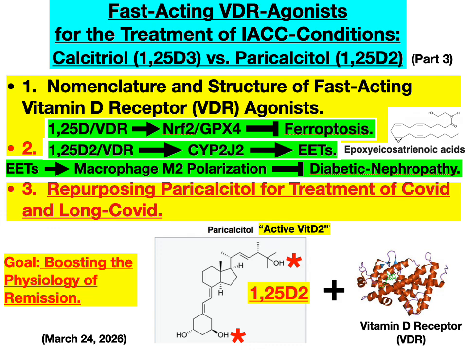The first is suppression of ferroptosis, a type of programmed cell death linked to oxidative stress. A vitamin D receptor agonist, such as calcitriol or paracalcitol, can stimulate a vitamin D receptor. This upregulates a master anti-inflammatory antioxidant pathway transcription factor, NRF2.